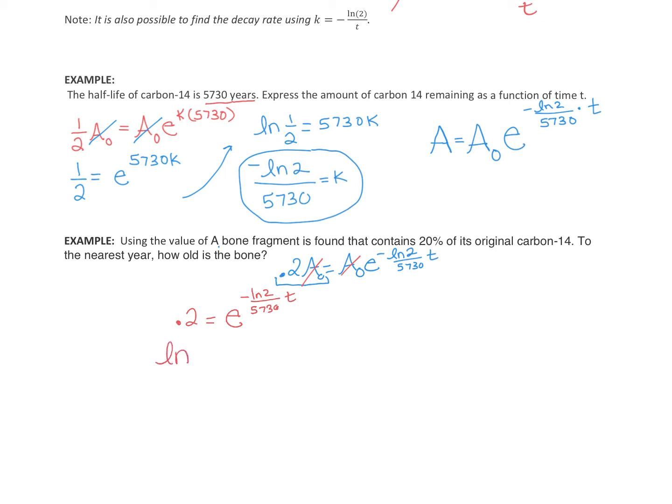The natural log of 0.2 is minus the natural log of 2 over 5,730 times t. And then to solve for t, I will multiply by the reciprocal, 5,730 over the negative natural log of 2.